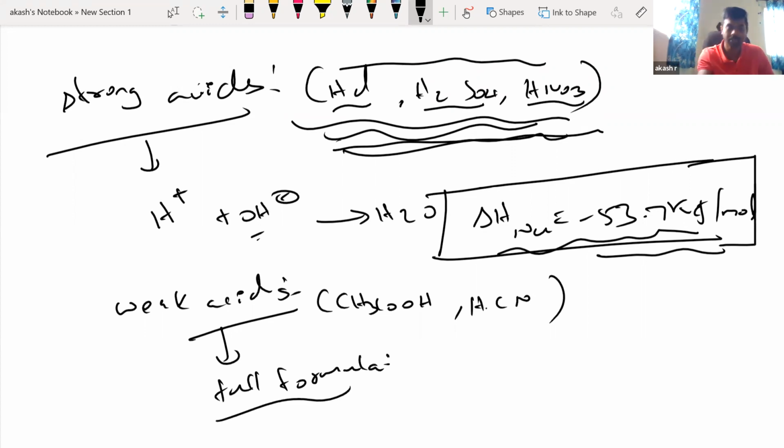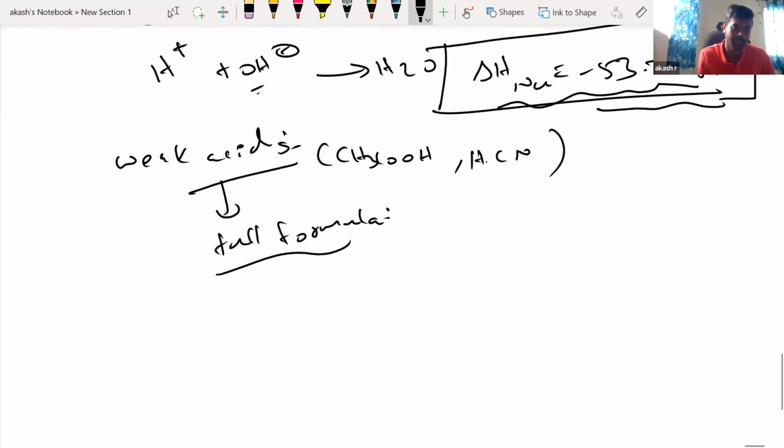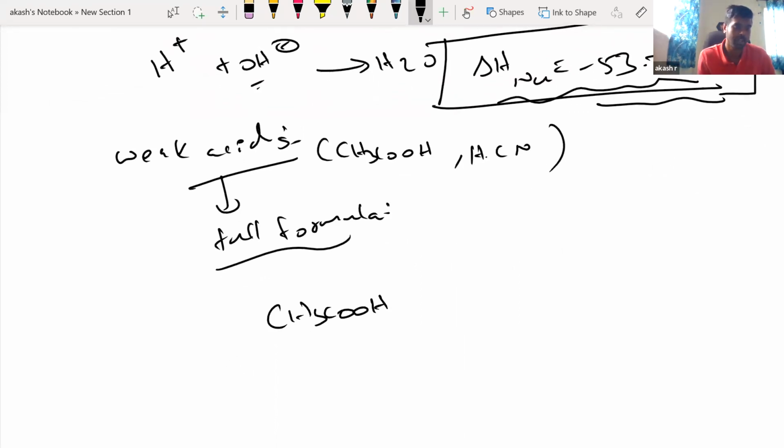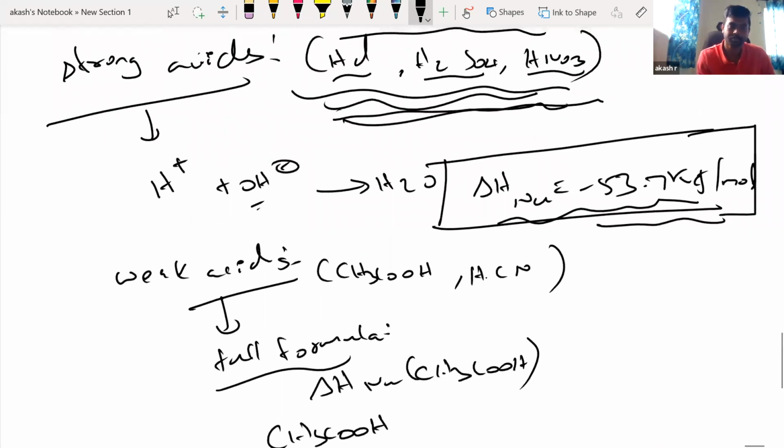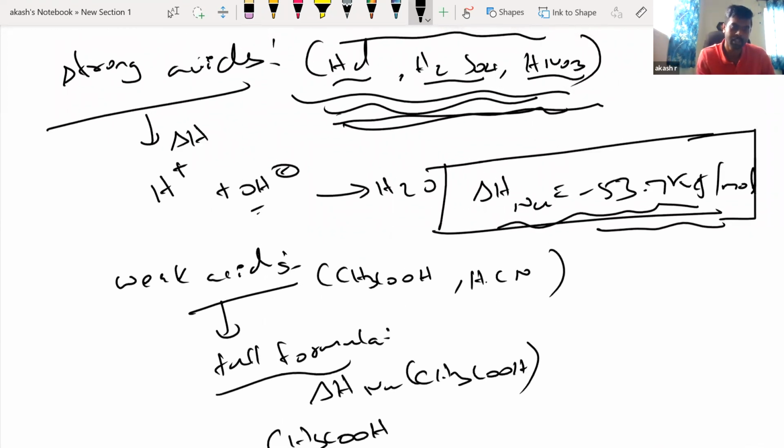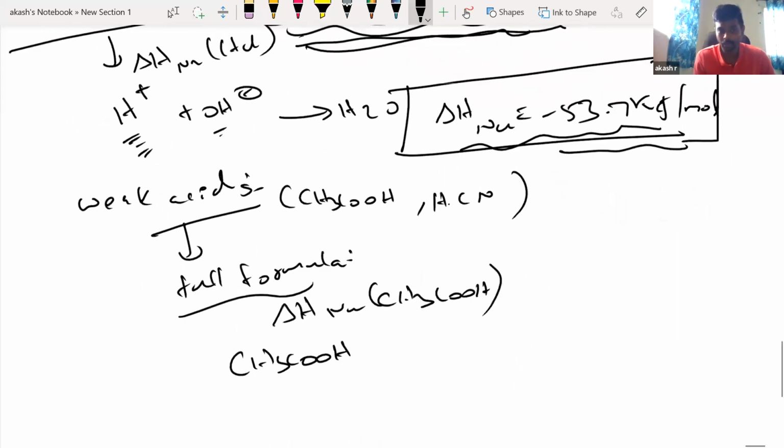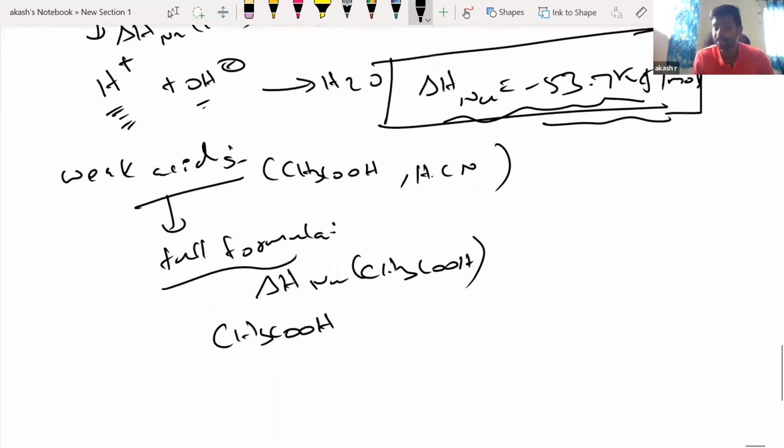For the enthalpy of neutralization of HCl, I just write H plus. For the enthalpy of neutralization of H2SO4, again I write only H plus. But in this case, we have to represent the full formula of the particular weak acid.